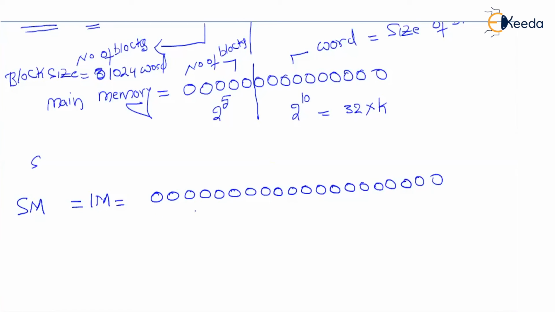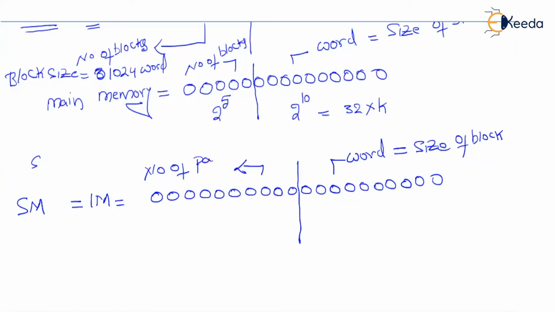Secondary memory address is of 20 digits. These 20 digits must be represented as the least significant 10 digits, the word field. You know that the word field is the size of the block. And the most significant digits give the number of blocks.